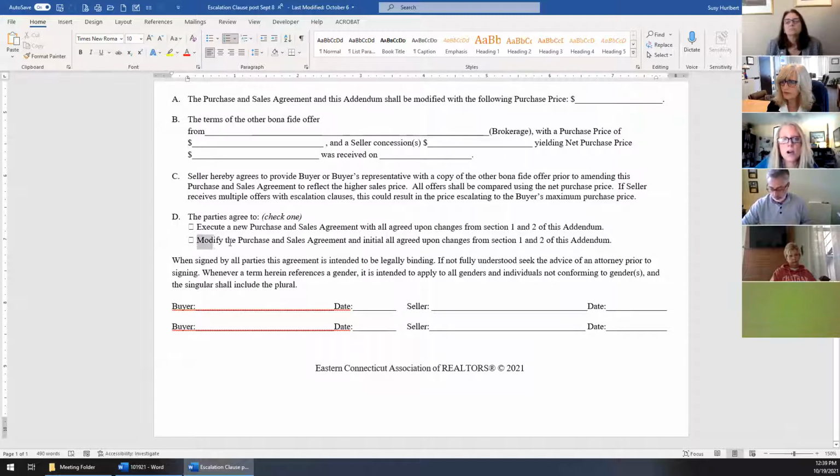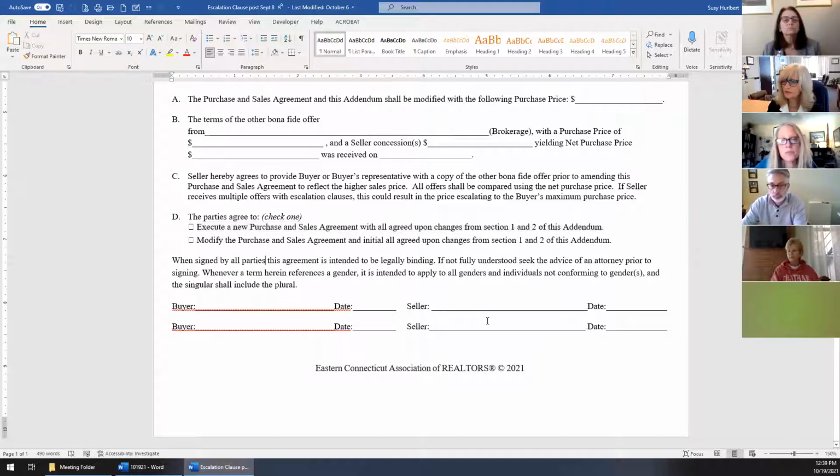And so they would check off that they would just want to modify the purchase and sales agreement and initial all the changes. Or they may decide that you want to just revise the contract with all of the changes made, and that the seller and the buyer have agreed to do so. And this addendum is actually what secures that.